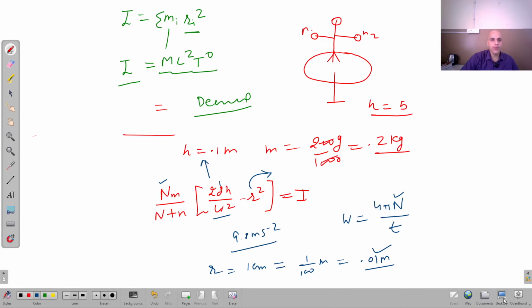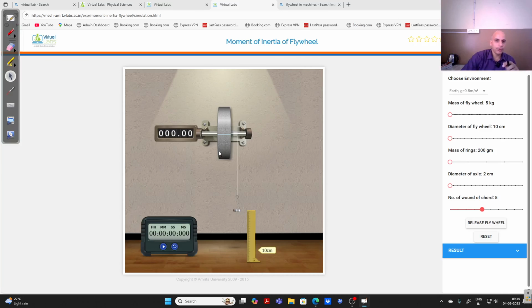So how will we do the experiment? As I told you, now we have wrapped this string on the flywheel. Now what are we going to do? We are going to release the flywheel, because we are holding the flywheel by hand. When we release the flywheel, this mass that is attached here is 10 centimeter above the ground.